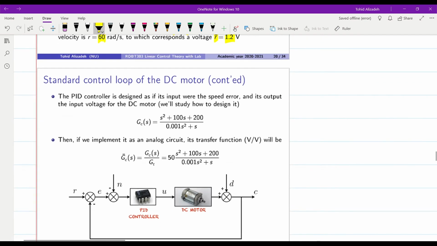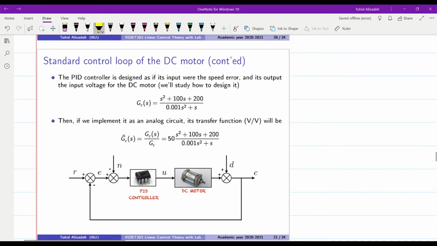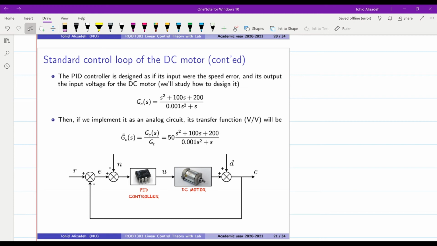Let's say someone has designed a PID controller for the system in order to control the speed and make the error as small as possible. GC of S, the controller, is given in the form of a transfer function s squared plus 100 s plus 200 over the given denominator.